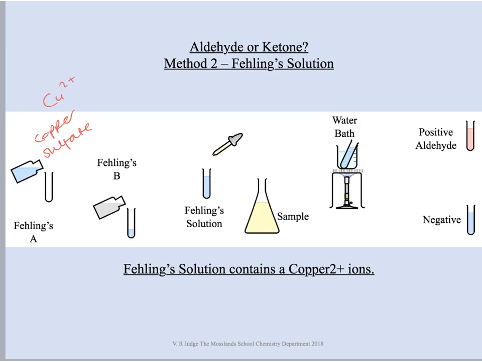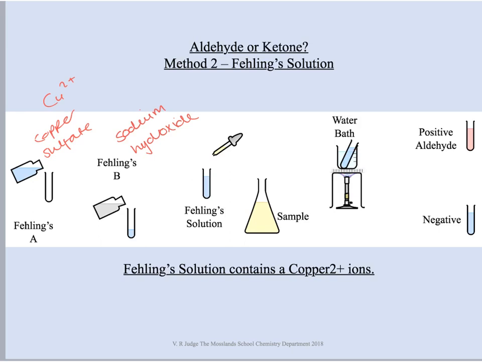The Fehling solution B contains sodium hydroxide, and it is the reaction of the copper 2+ with the hydroxide ions that actually gives the test its positive result. However, in the sodium hydroxide conditions, the copper 2+ would just react straight away to produce copper hydroxide.